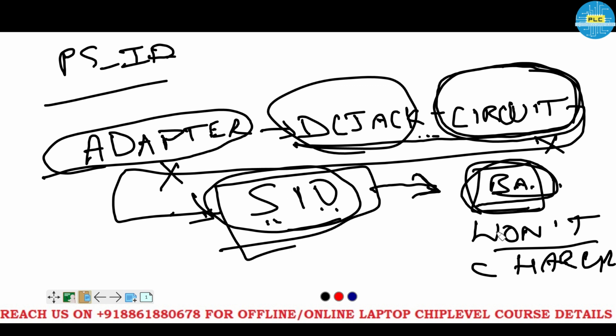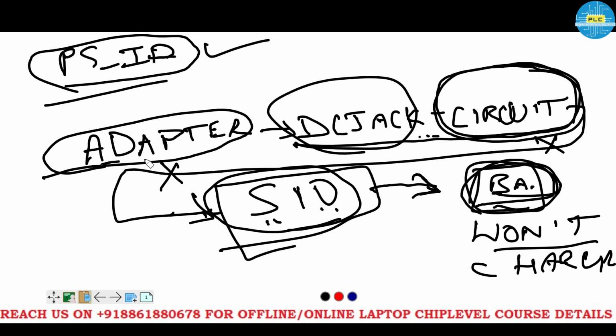Okay, the main thing is your battery won't get charged. Even if it is detected, if the required wattage is less, the battery won't charge. Okay, this is the importance of PSID.